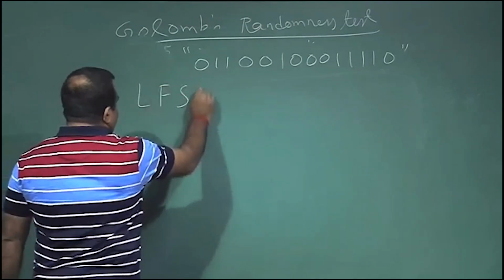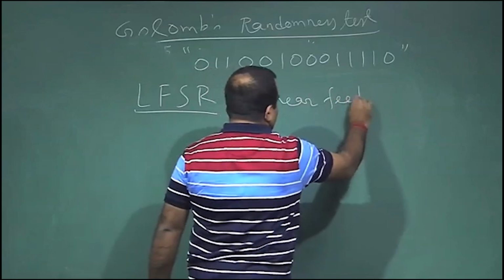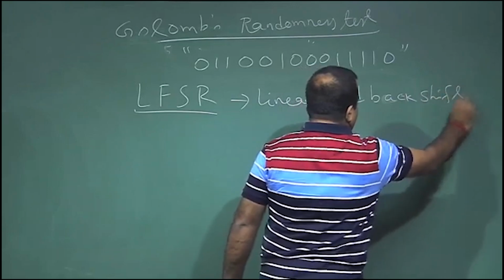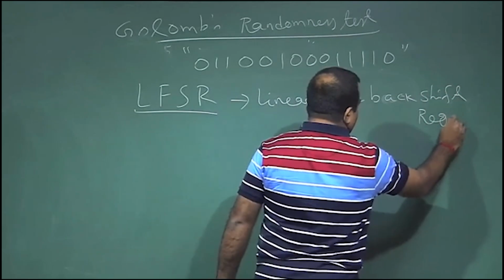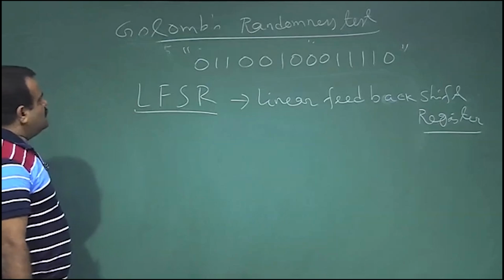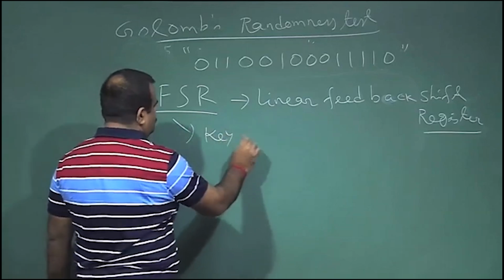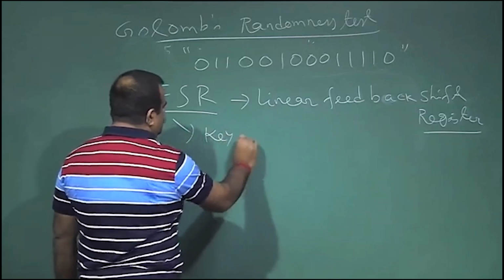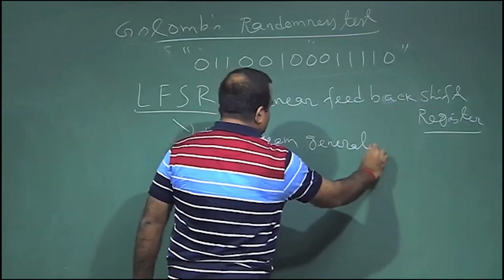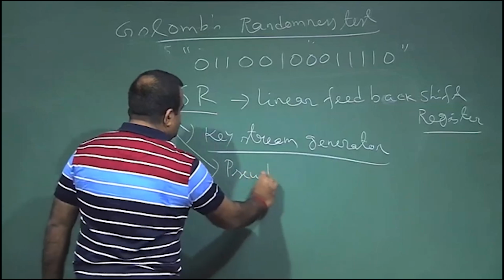We will talk about the LFSR, which is basically a linear feedback shift register. It is a key stream generator, it will generate the key stream. That is why it is called a pseudo random bit generator.